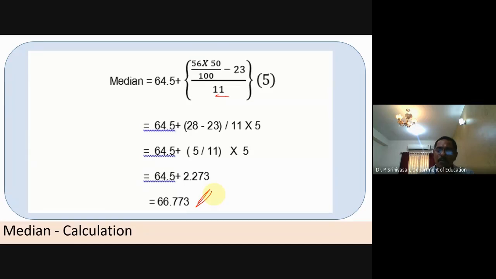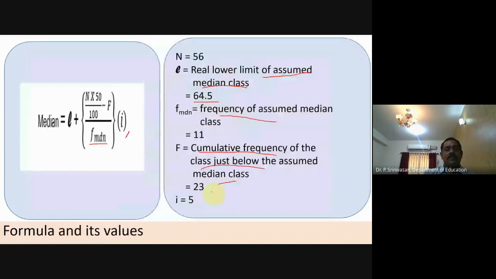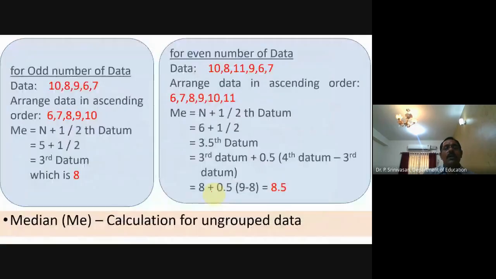So this is how it is done. Let me summarize. This we call ungrouped data.